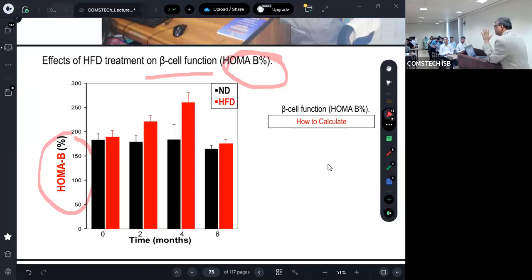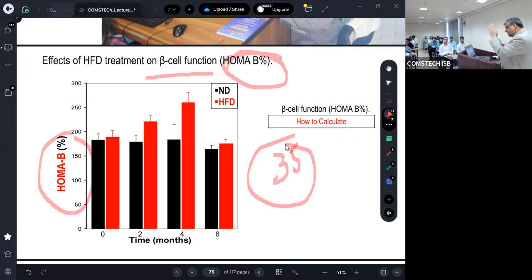The model normally makes a hypothesis that if a person is 35 years old and has no disease, and we measure his fasting blood glucose and insulin, his beta cell function is 100%.